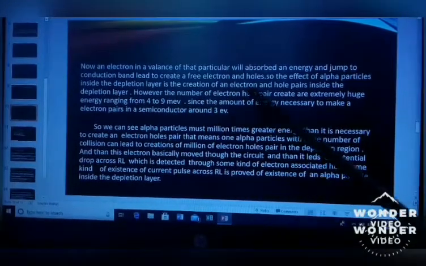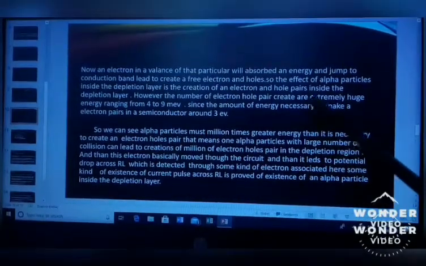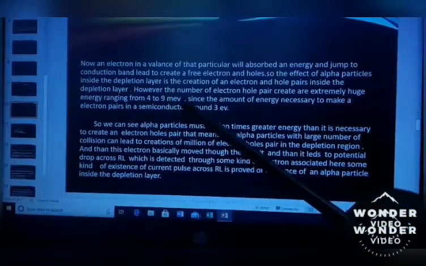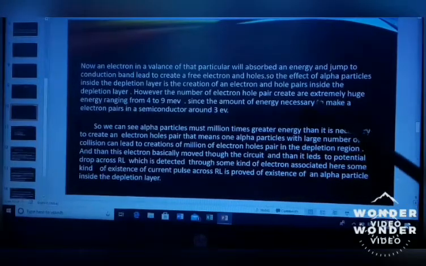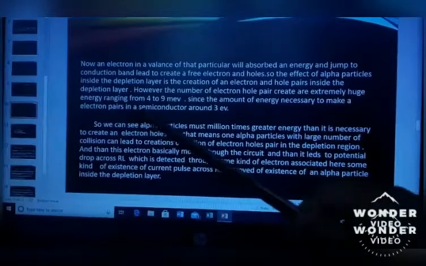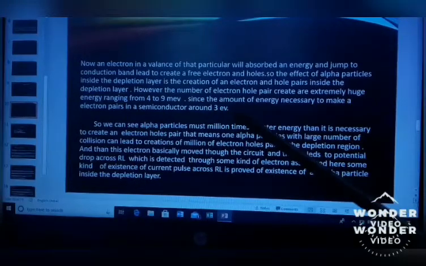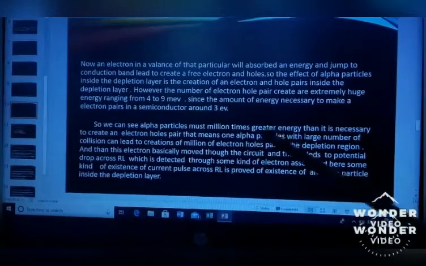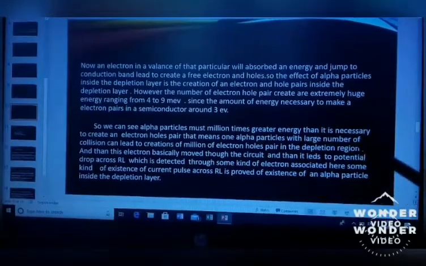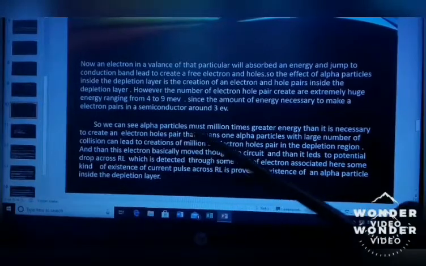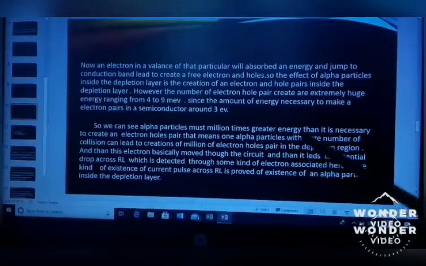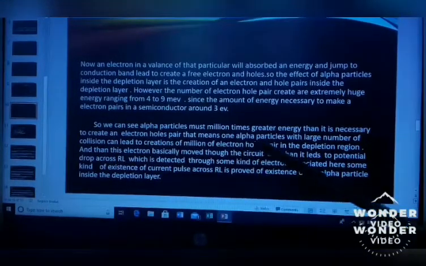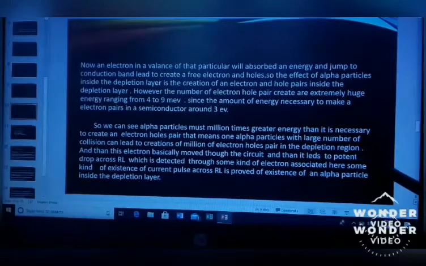However, the number of electron-hole pairs created is extremely huge, with energy ranging from 4 to 9 mega electronvolt, since the energy necessary to make an electron-hole pair in a semiconductor is around 3 electronvolt. So we can see an alpha particle has about a million times greater energy than is necessary to create an electron-hole pair. That means one alpha particle with a large number of collisions can lead to creation of millions of electron-hole pairs in the depletion region.